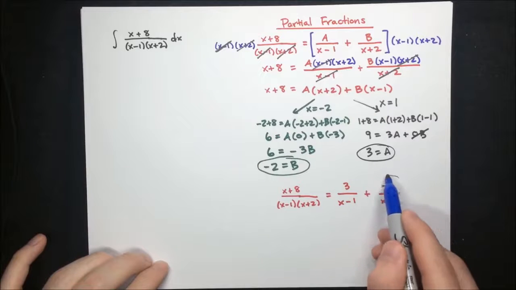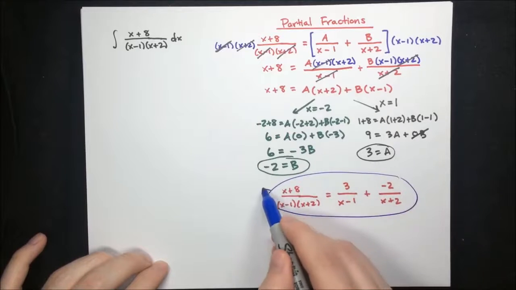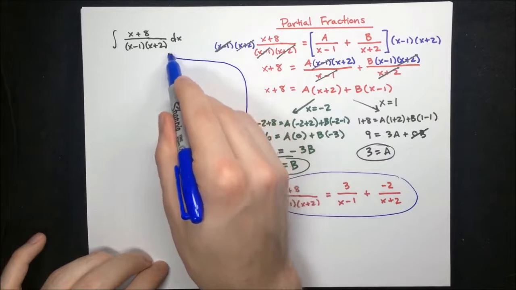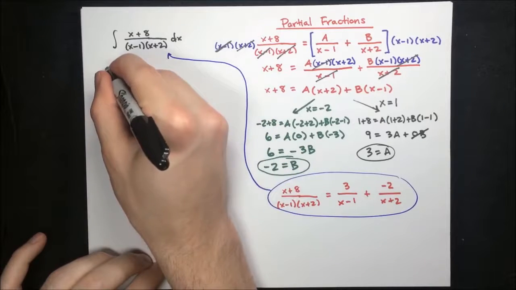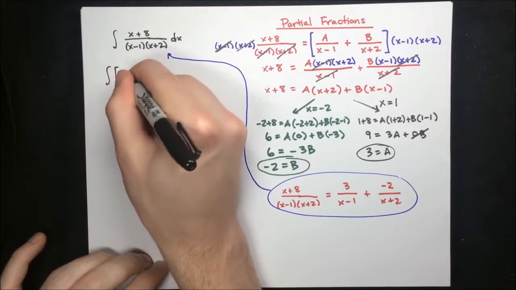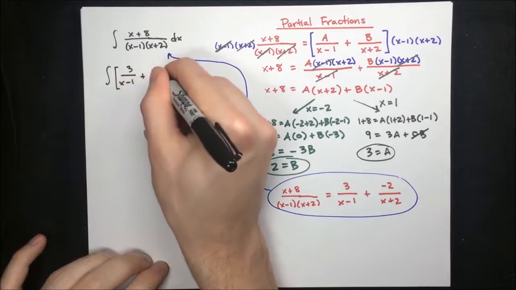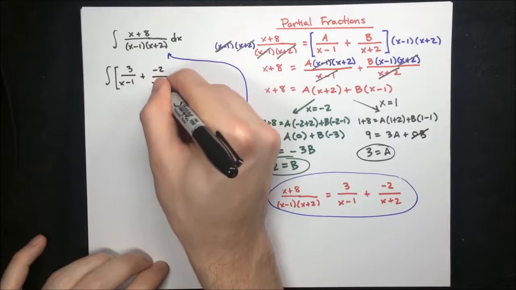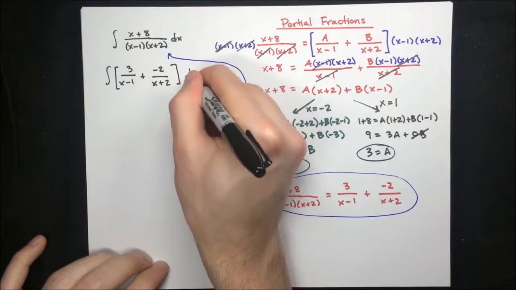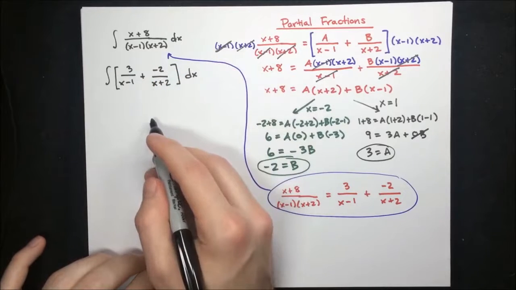So we'll just take that and sub it in for our integral here. So this will become the integral of 3 over x minus 1 plus negative 2 over x plus 2 dx. And this is pretty straightforward.